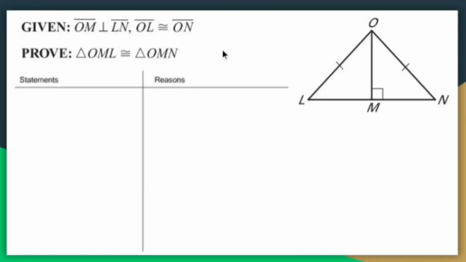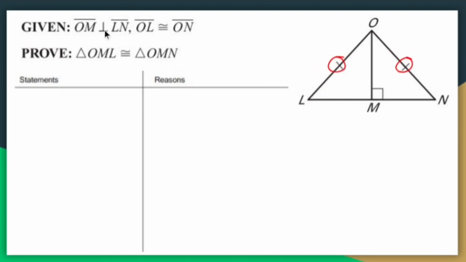Given OM is perpendicular to LN and OL is congruent to ON, prove that these two triangles are congruent. All right. So let's figure out what we have. We are given this, that is a side.